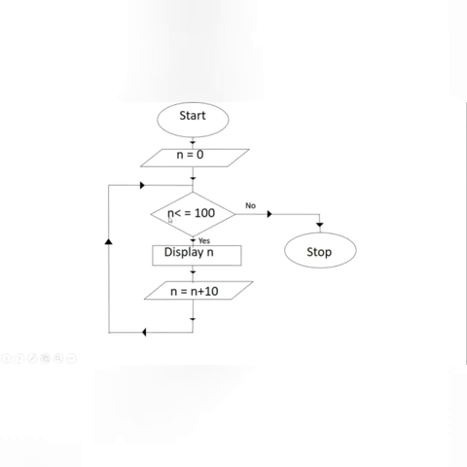Since 110 is not less than 100, and since 110 is not equal to 100, we finally go in the no path and stop. The entire process stops. The cycle ends. The flowchart ends. There are no longer any more repetitions.